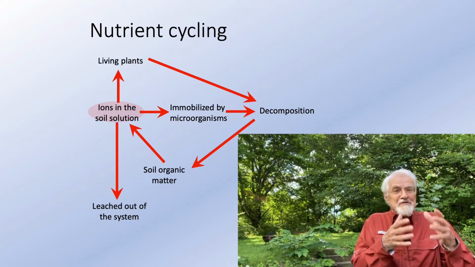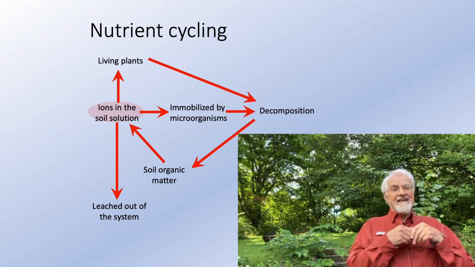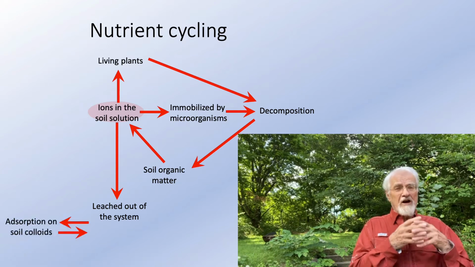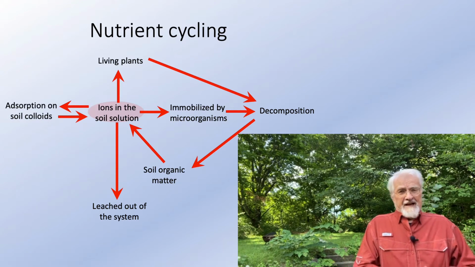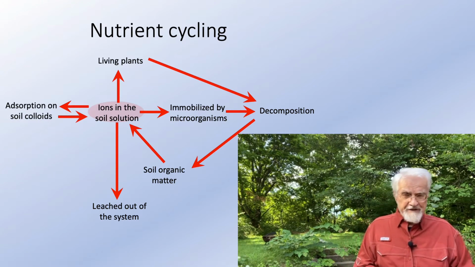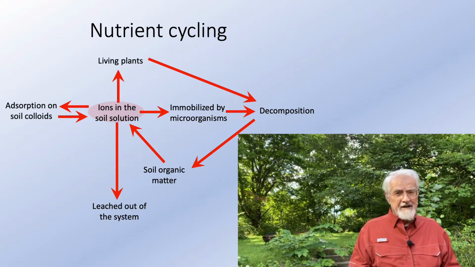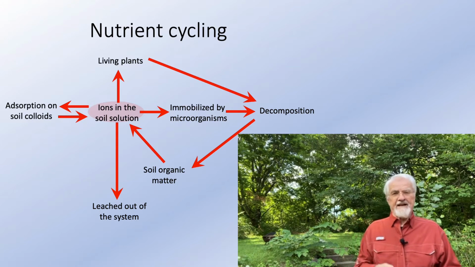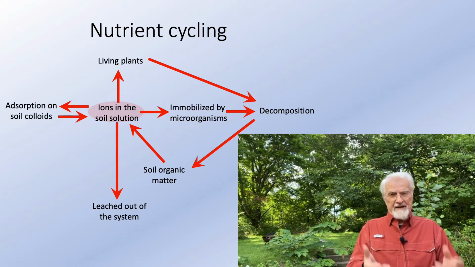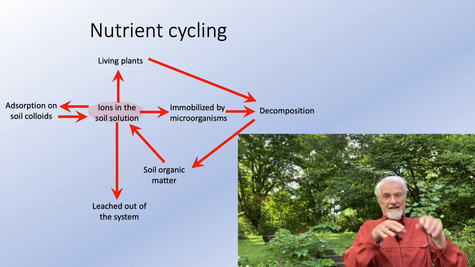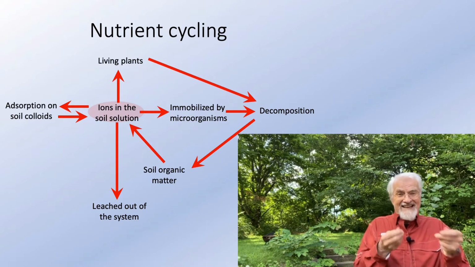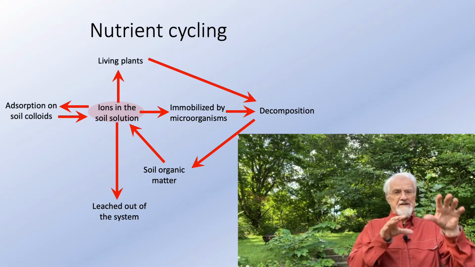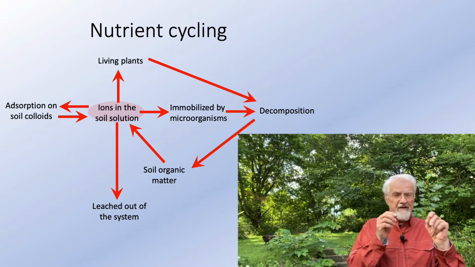That problem is actually solved by soil colloidal material. In the soil, you have small particles, and I'll tell you what they are in just a second, but you have small particles that are in the soil solution. Colloids mean that they don't settle out through gravity, that they sort of stay suspended in the solution. They're not in solution chemically, but they stay suspended in the solution. They're very, very tiny particles.